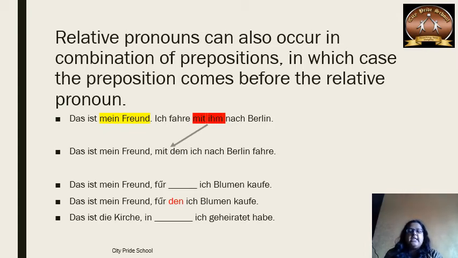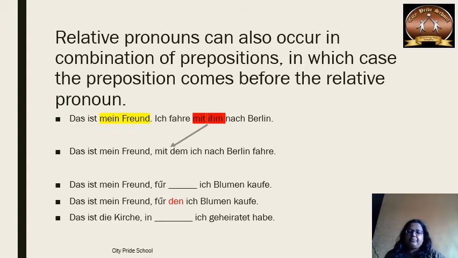Whenever you show a change in the sentence, whenever you show a direction, at that time it takes accusative. Ich fahre in die Schule. Or whenever there is a position in the sentence, it takes dative. Ich bin in der Schule. So it takes accusative whenever there is an action going on. It takes dative whenever a position is shown.